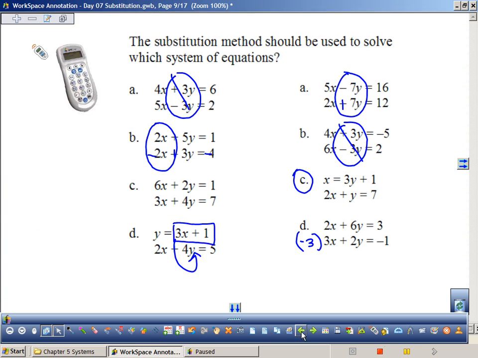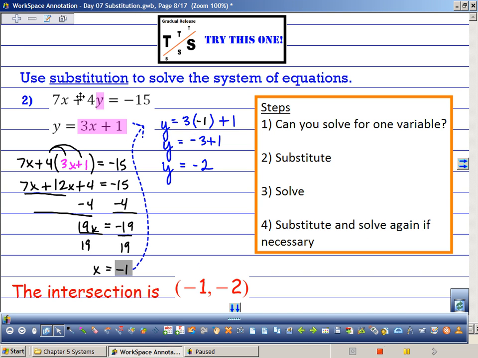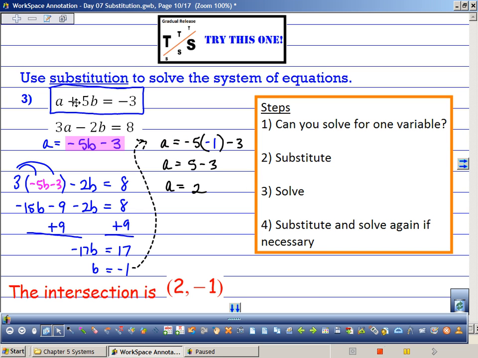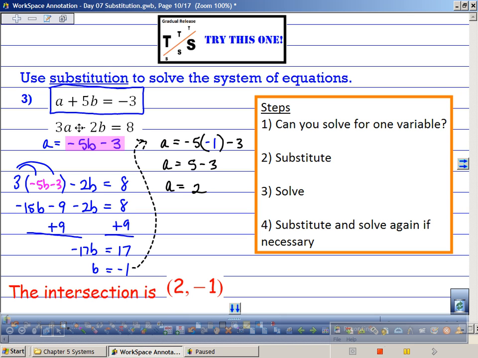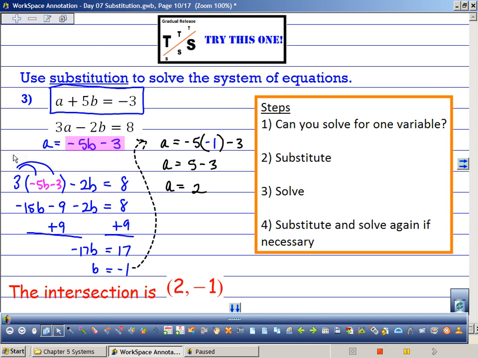If I see something like this, I would definitely say you need to use substitution, right? Because you've already got y equals. But if I had something like this, I'd say maybe it would be easier to use elimination by multiplication, right?